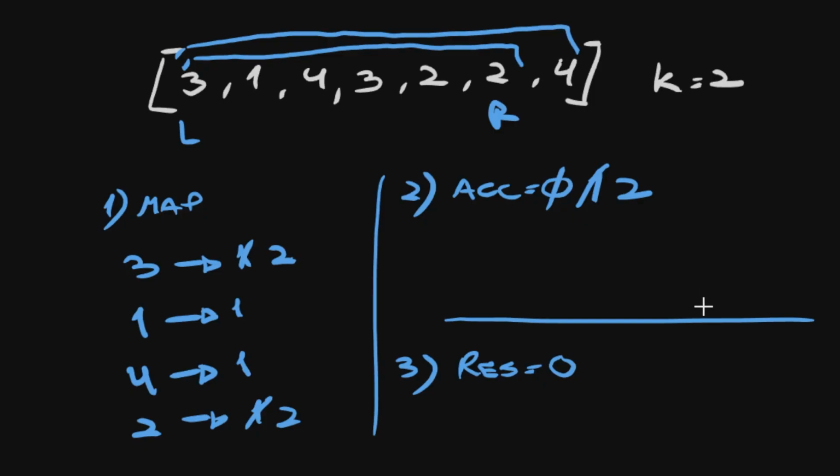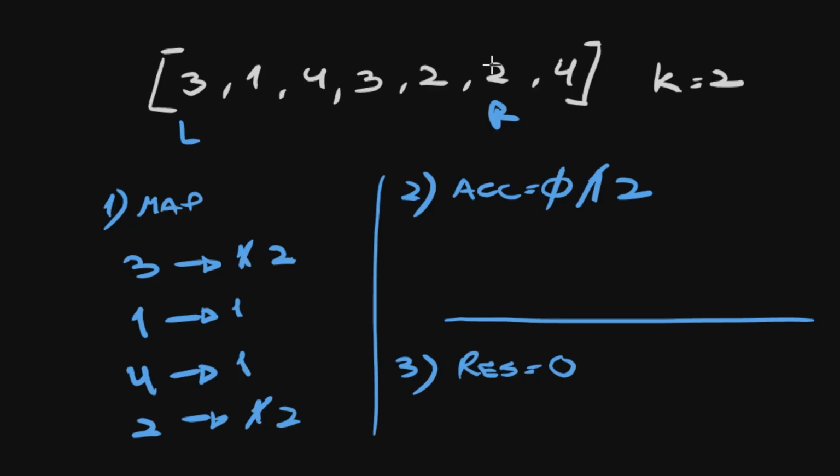So we can implement a small formula here, which is n minus right index, and this is the amount of subarrays that we want to add to the result every time our accumulated values are greater or equal to k. So in this case we have 7 elements in this array, and r is at index 5, so 7 minus 5 is 2, so here result equals 2.